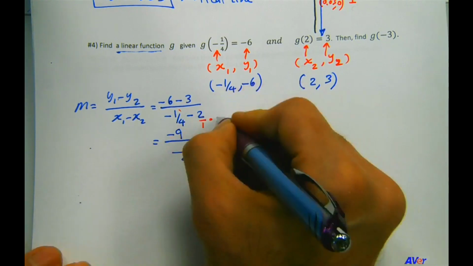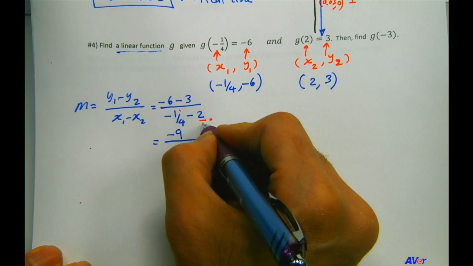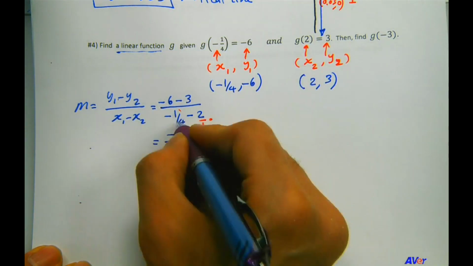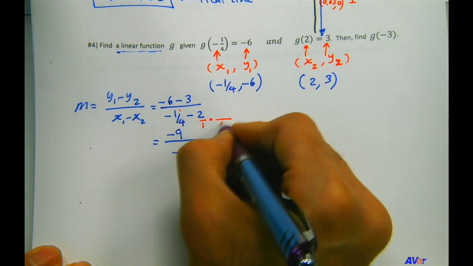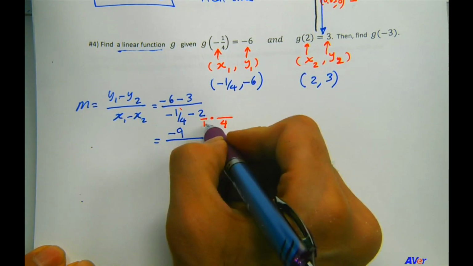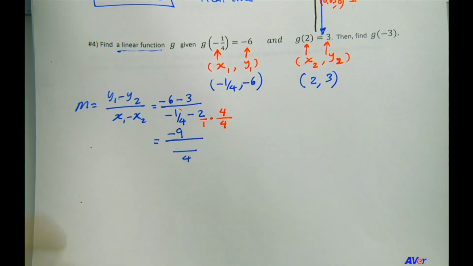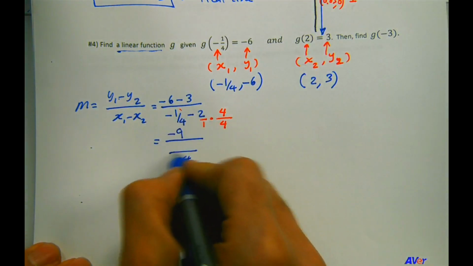But this fraction needs working, right? Because the denominator is 1, it's not equal to 4. So we need to multiply this one by 4. But we can't do this to the denominator and not do the same thing to the numerator. So let's multiply the numerator by 4 as well. Okay, so now let's find what these numbers are.